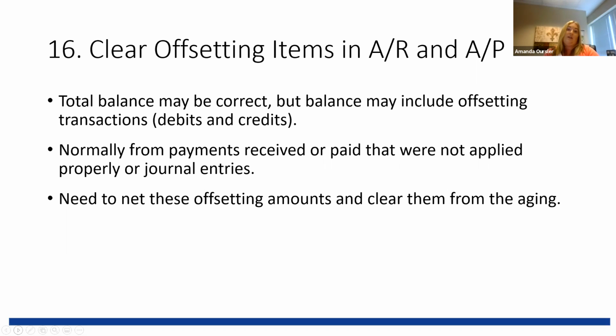They sent me a payment and I recorded the payment, I recorded the invoice, but I didn't match them together. So that's going to kind of sit out there. It's going to show them on aging reports. It's going to show that they don't owe anything. But what we want to make sure that we do is that we apply them to each other. And so, just looking through your AR and AP and making sure that they're linked.